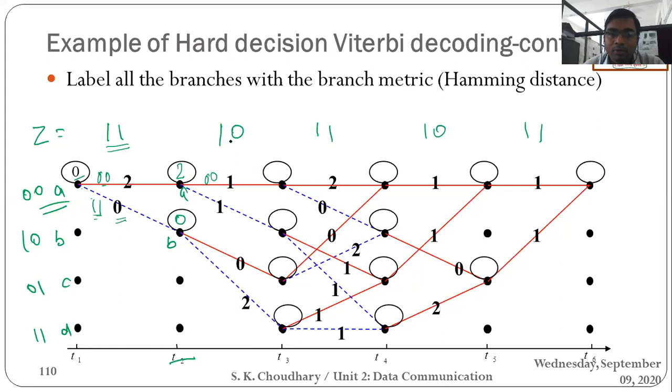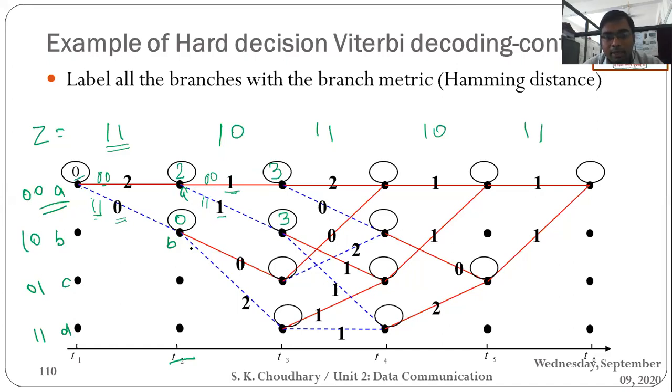Compare this 0 0 with 1 0, only one position differs, so the Hamming distance is 1, and adding gives 2 plus 1, 3. Now at this position, you receive input 1, your output is 1 1. Again it differs in one position, so the Hamming distance is 1, so here 2 plus 1, 3.